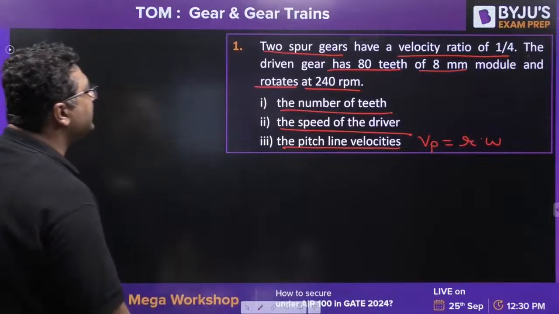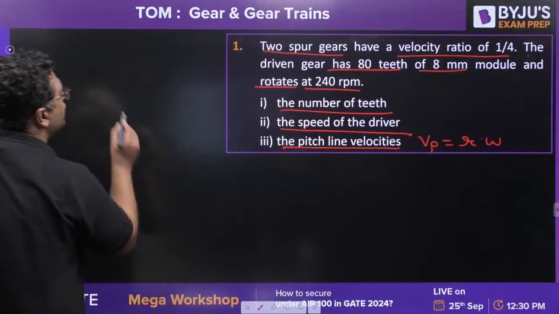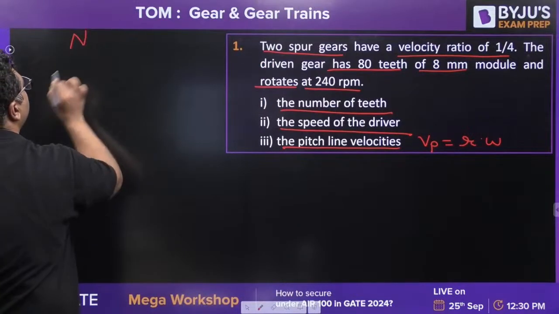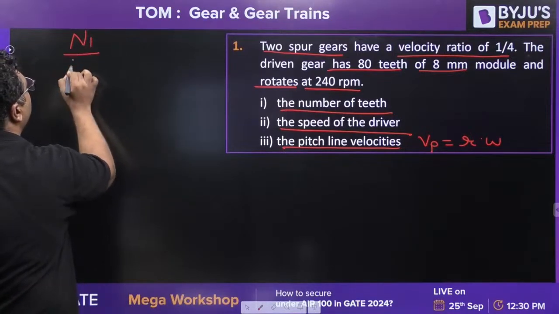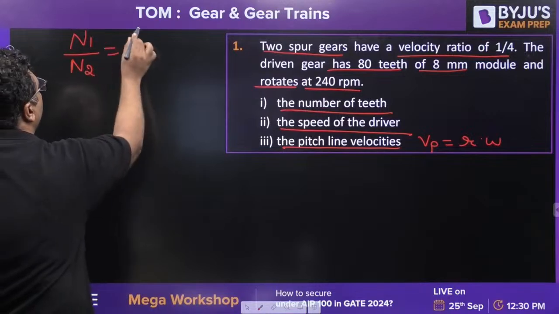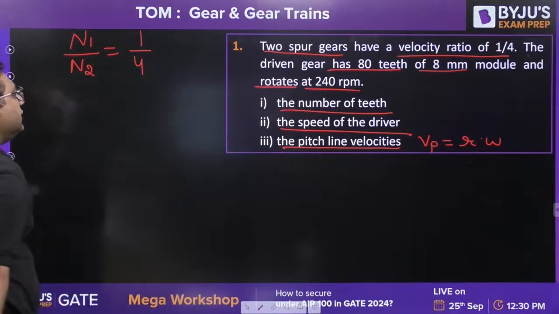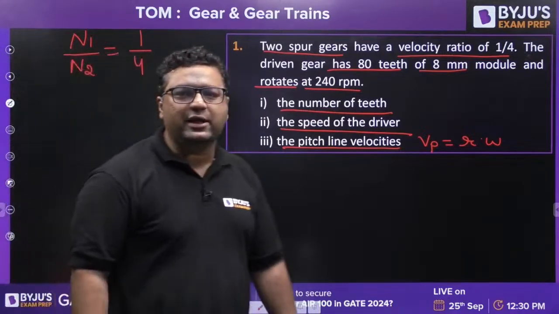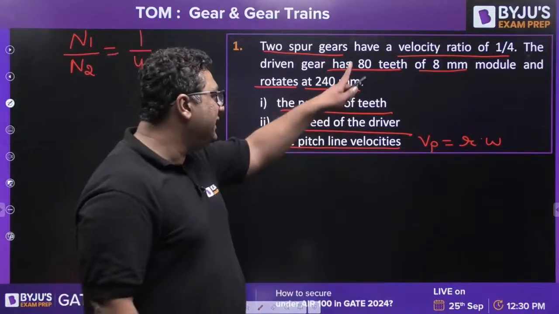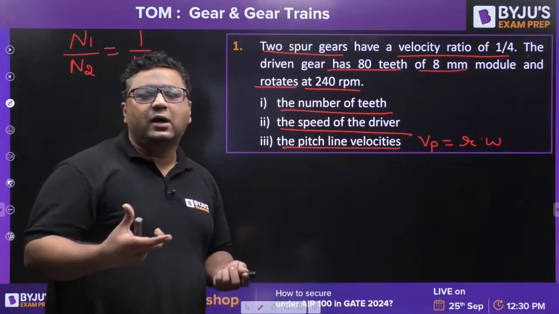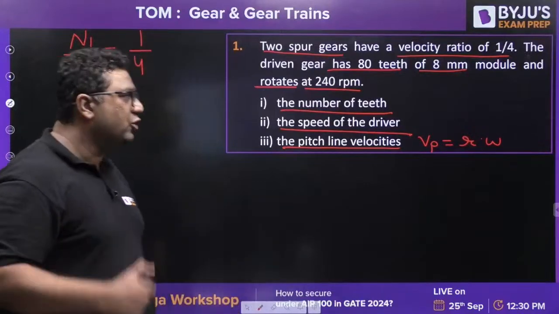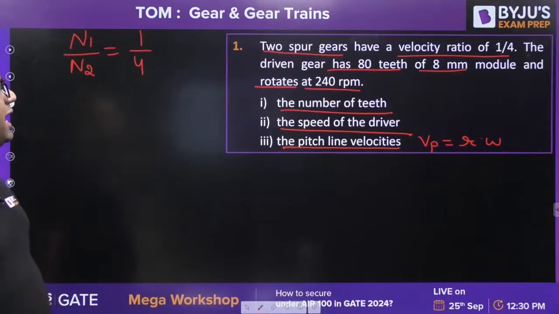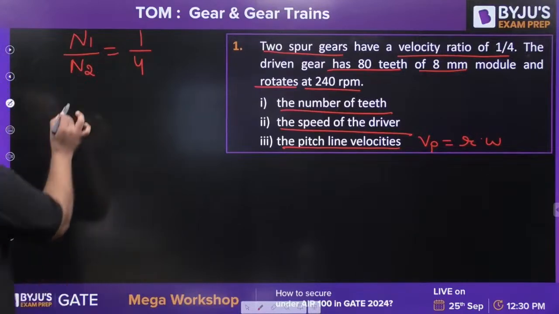They are saying two spur gears have a velocity ratio of 1/4, so N1 by N2 is going to be 1/4. When the velocity ratio is 1/4, obviously the smaller gear will be rotating with more speed and the larger gear with slow speed. The driven gear has 80 teeth of 8 mm module.